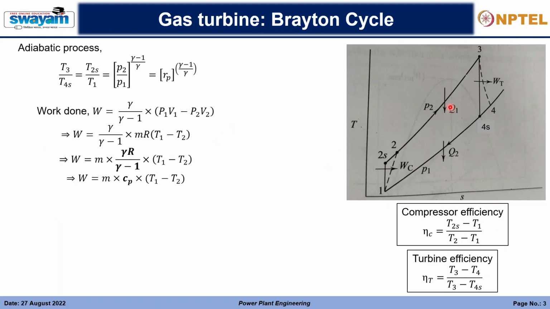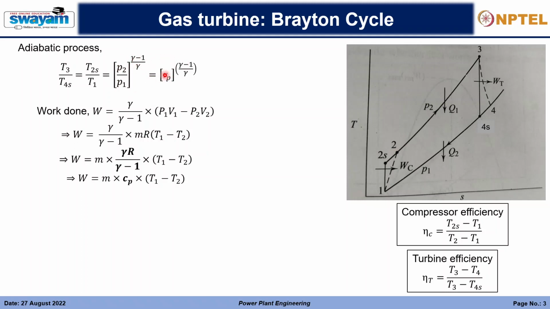First, since the process here is adiabatic, we will have to consider the temperature and pressure relations, so let us talk about this first. You can see that T3 divided by T4s, that is an isentropic process, reversible adiabatic, and T2s and T1, so that is also isentropic, and these are related by this equation: P2 by P1 to the power gamma minus 1 by gamma.